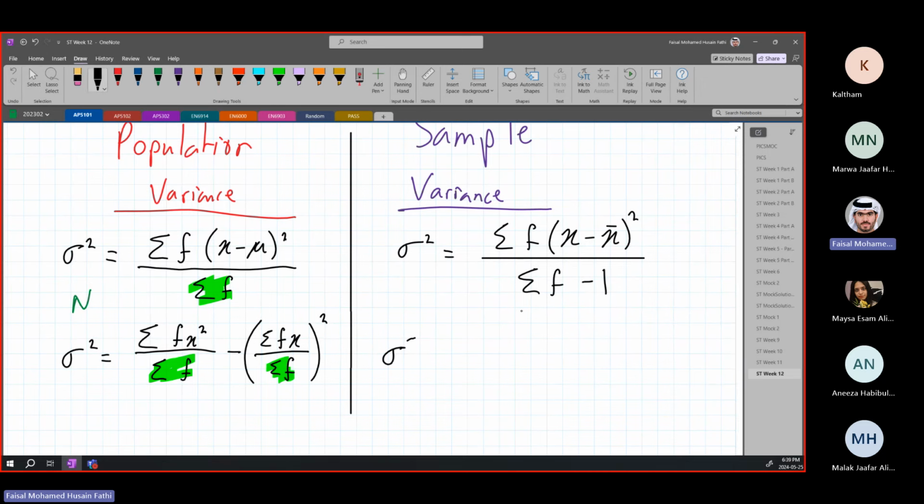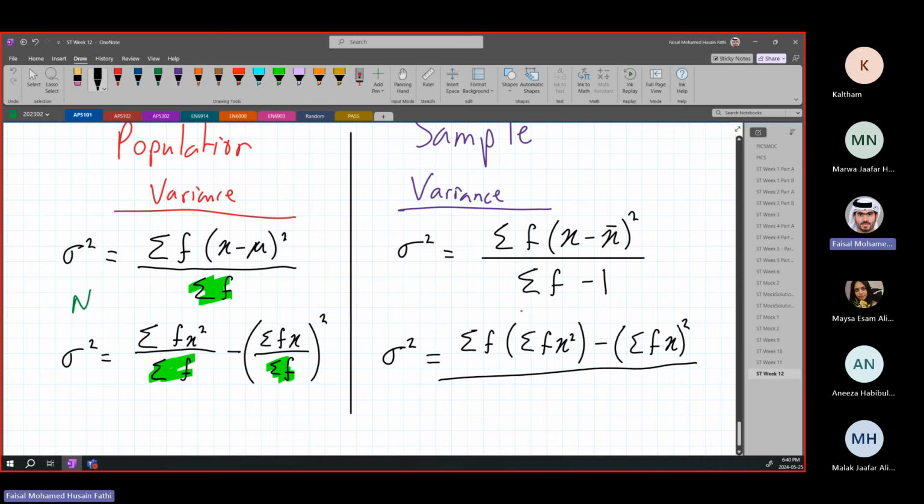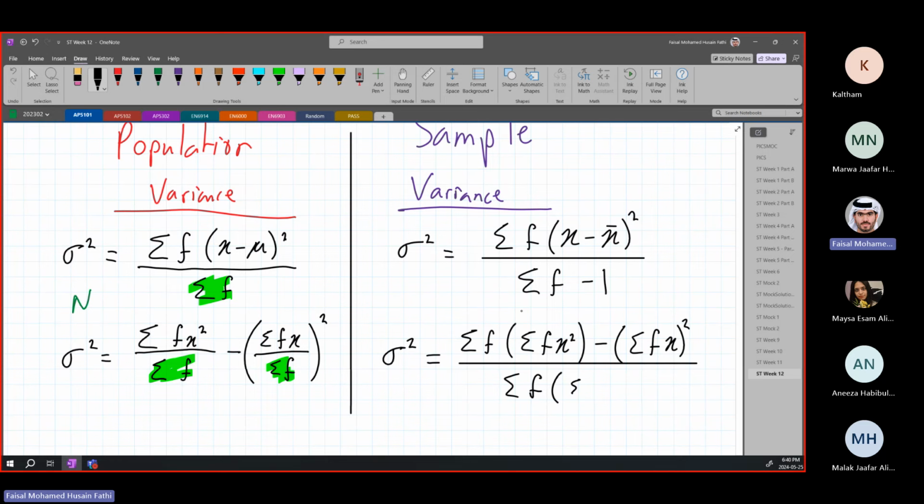And the simplified version of this is going to be a bit different. So you're going to have sigma f times sigma fx squared, minus sigma fx all squared, divided by sigma f into sigma f minus 1, right?